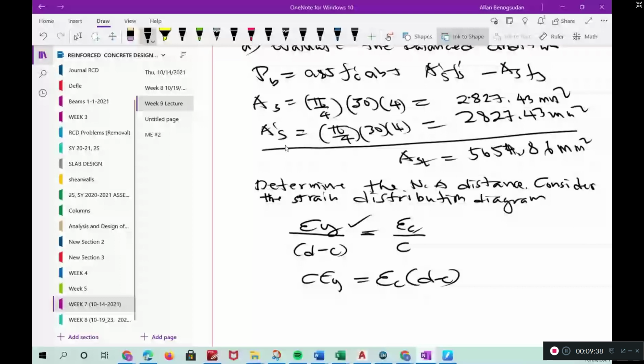So, E sub C. Okay, let's see, C, let's do this. Is equal to D minus C.